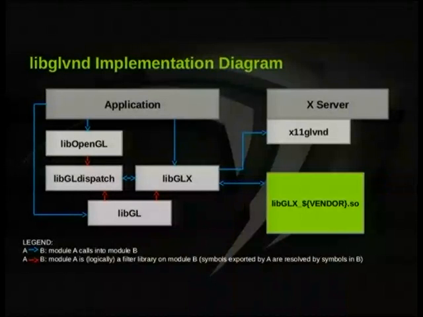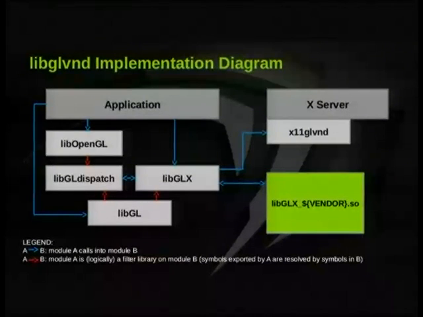The flowcharts I had before were a little bit more theory. And in practice, when Brian sat down to implement this, this chart is mostly the same as what I described earlier. The one interesting new piece is the libgl dispatch shared object.